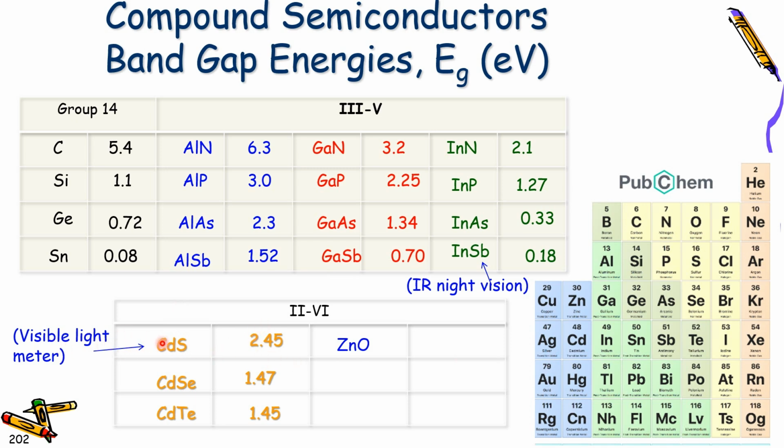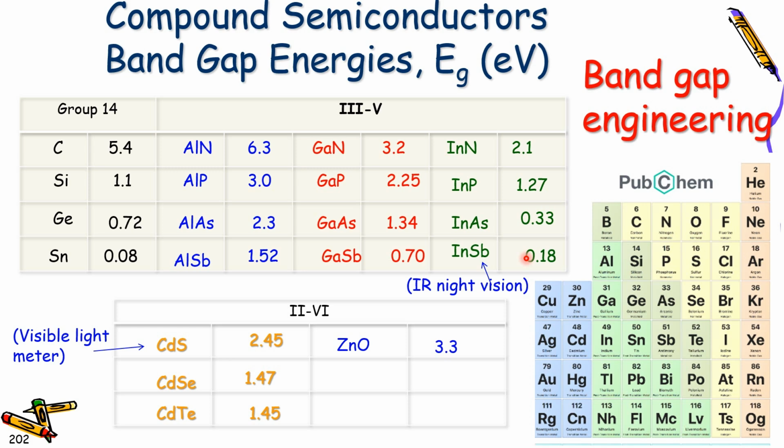When you have a light meter, you want to know the intensity of the light, and this is the material you use for the light meter. So the interesting thing is you can tune the band gap, and you can use this material for different applications because of the different band gap. So this is what we call band gap engineering.